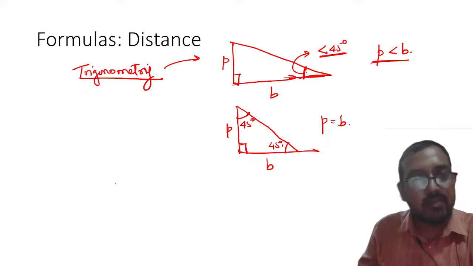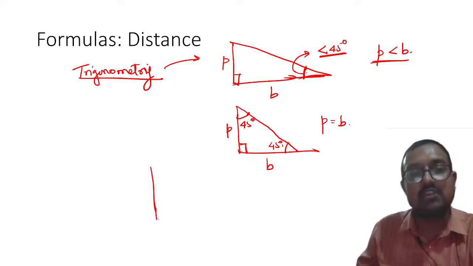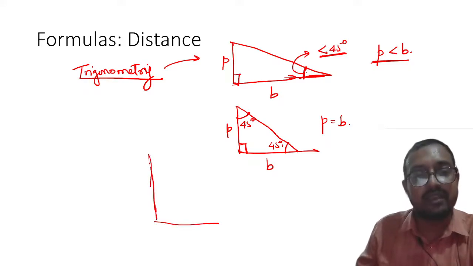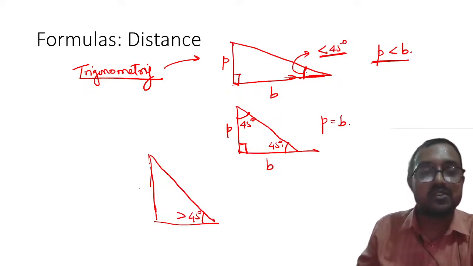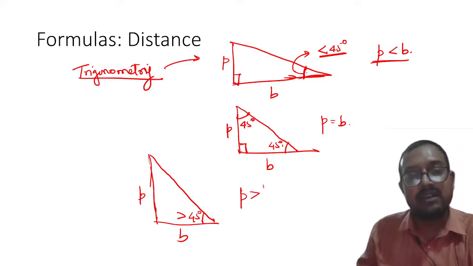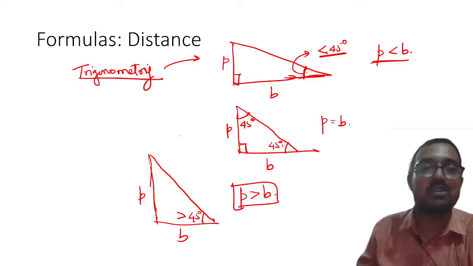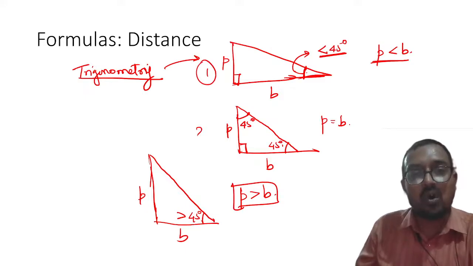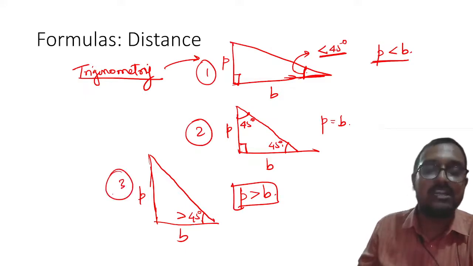Understood? And now my dear students, suppose the angle goes above 45 degree, so this P will become greater than B. P will become greater than B. I hope everyone is clear about this. So this is all we need to solve distance related questions.